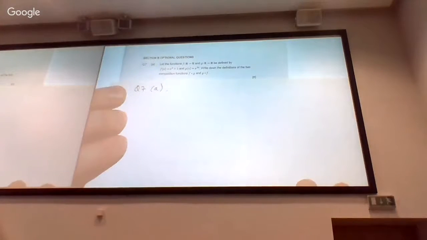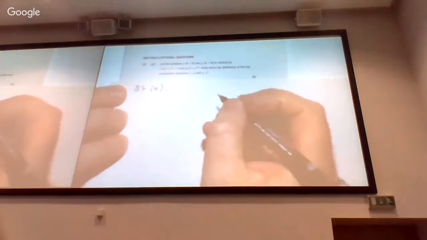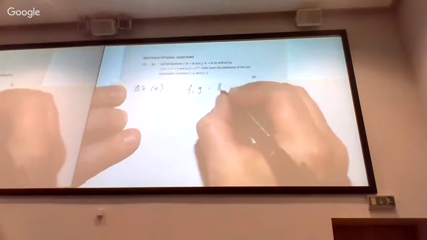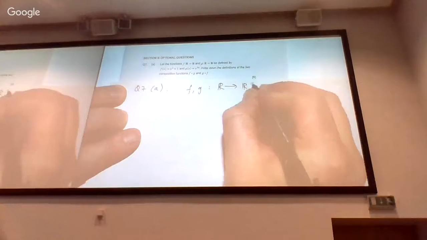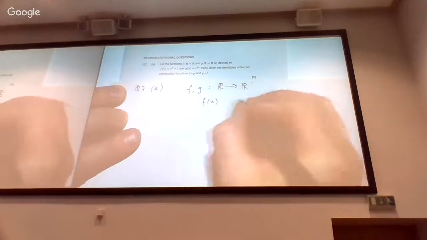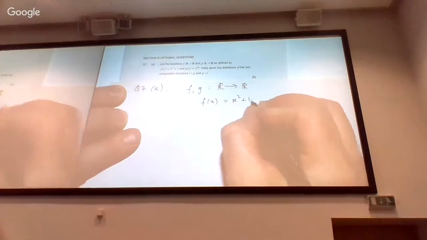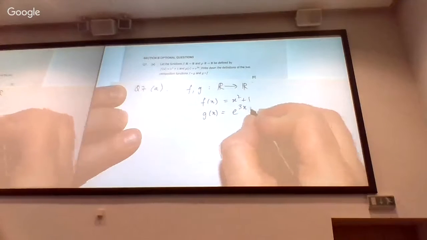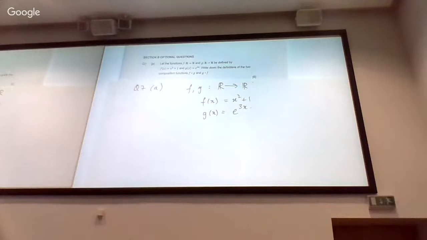So, write down the definitions of the 2 composition functions, f after g and g after f. Both f and g go from R to R. f of x is defined as x squared plus 1. g of x is the exponential of 3x, e to the power of 3x.